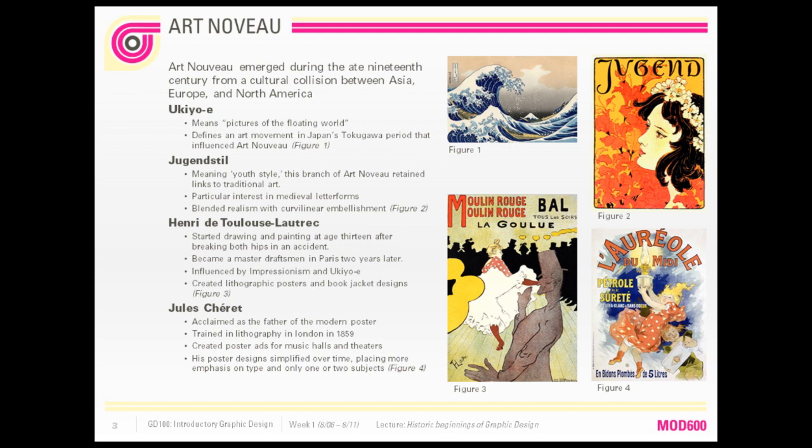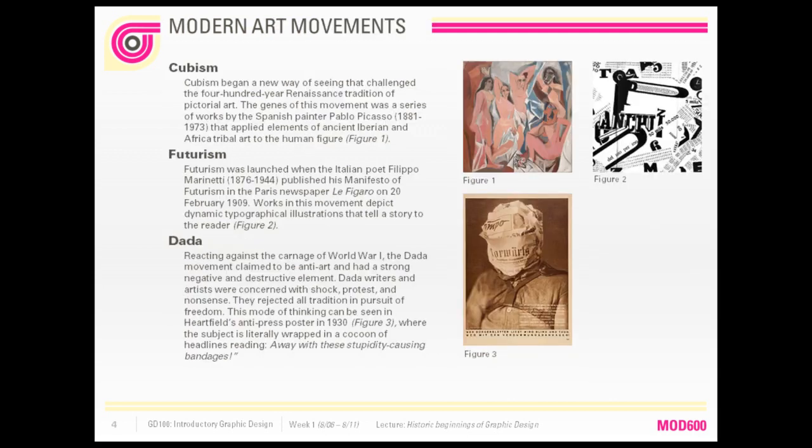So the next thing we want to talk about is modern art movements. Cubism was an art movement that challenged the Renaissance tradition of pictorial art. If you look at Figure 1, it does not look like a physical representation of the subject.